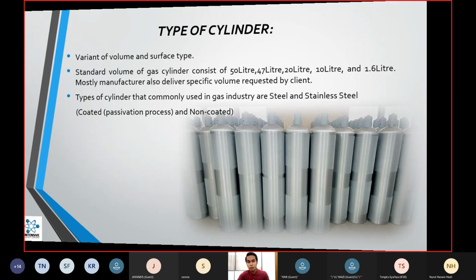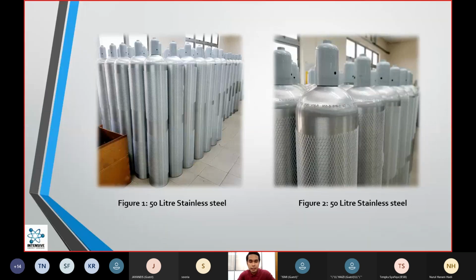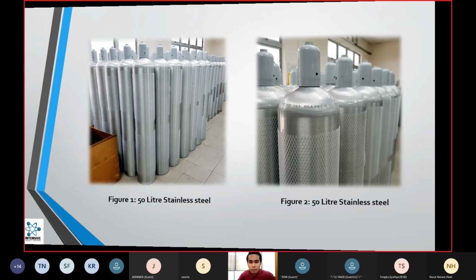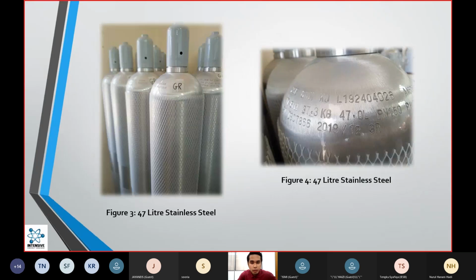Okay, next. This is the example of the cylinder. If you can see at figure 1 and figure 2, this one is the 50 liter stainless steel. This one is the 47 liter stainless steel.